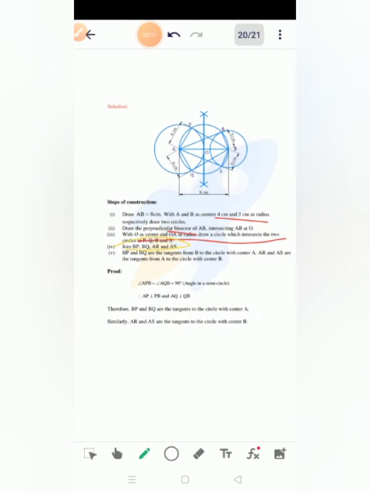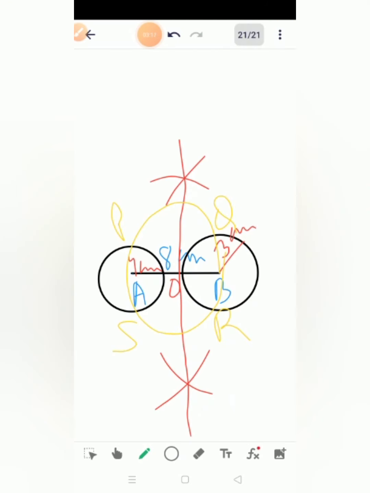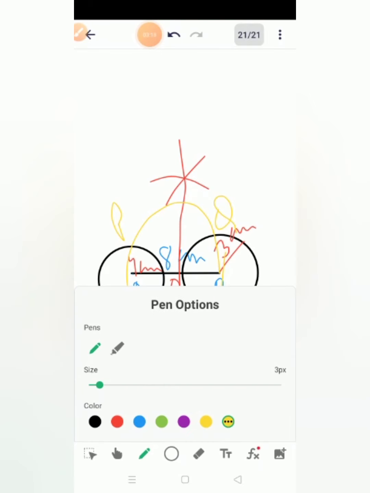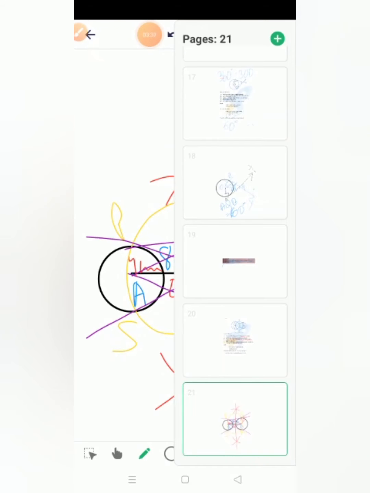And we need to join. Now join BP and the others. B is here. You join BP, you join BS, you join AQ, and you join AR.